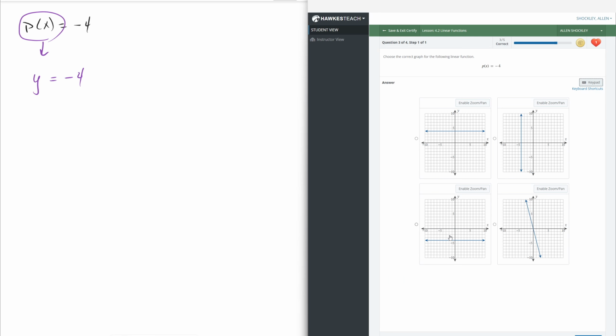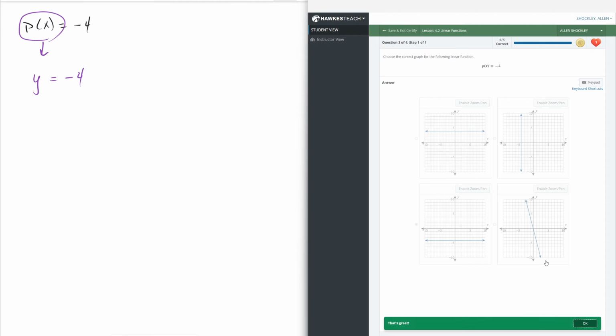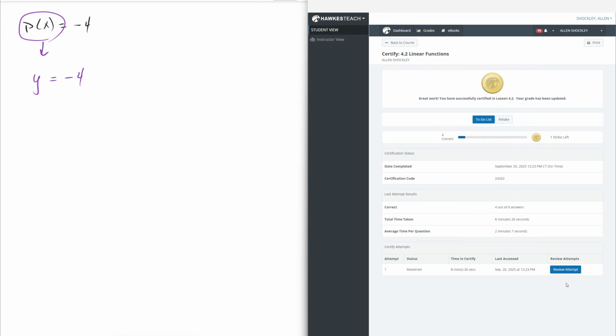If I look, the only one of these that says y equals negative 4 is this one. This is my y-axis at negative 4. I have a line. This one is x equals negative 4. I don't have x, I have y, so this one. There you go. Done and dusted.